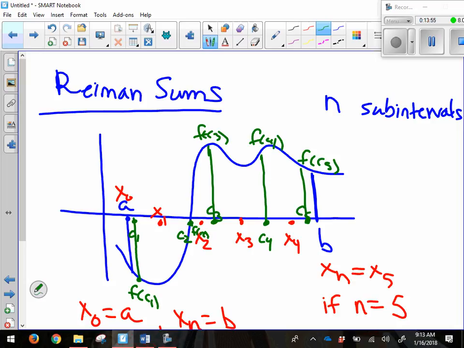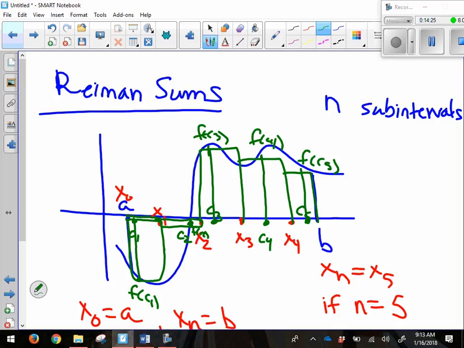And then I use those values to make my rectangles. So remember, the width of my rectangle goes from x value to x value. So there would be one. Here would be another one. Here would be another one. Here would be another one.